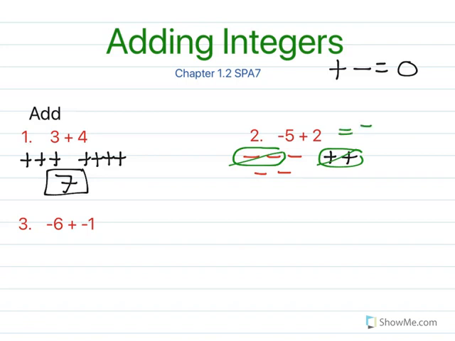So this equals -3. Or in this case, I have 1, 2, 3, 4, 5, 6 negatives. And I have another negative over here, which none of them cancel out, and it gives me a total of 7 negatives. So this would be -7.